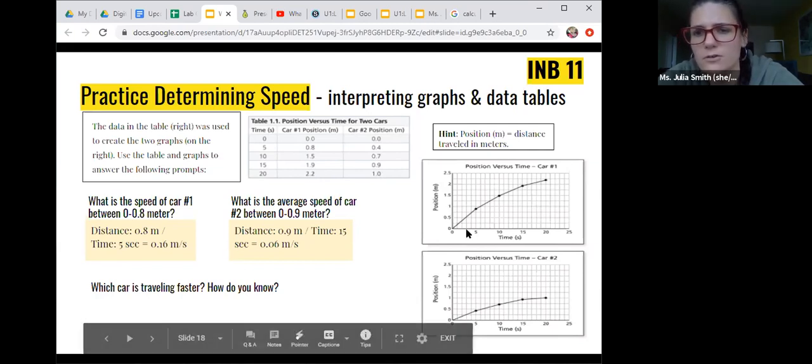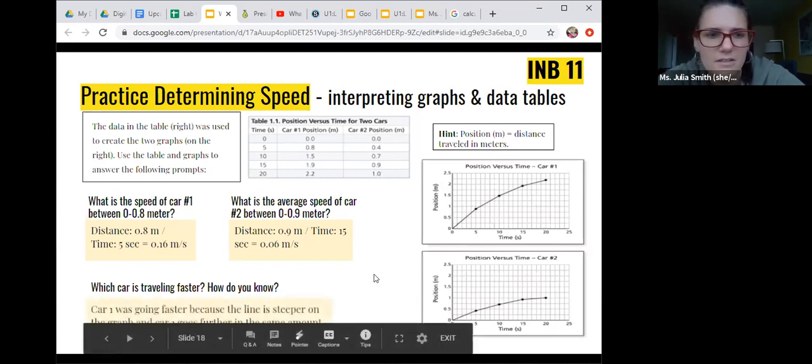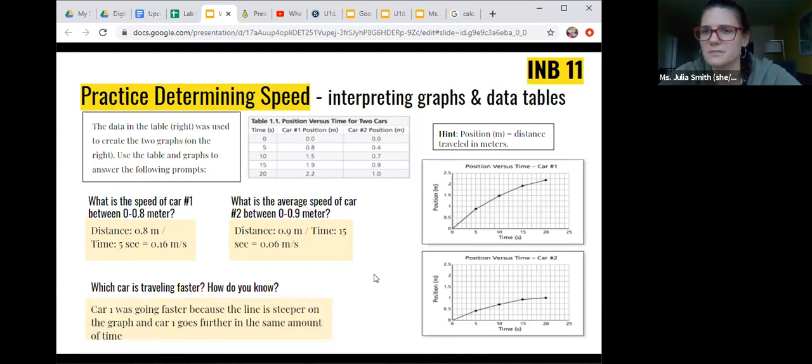So for all of those reasons, we can say that car 1 was going faster. It's going faster because the line is steeper on the graph. We know that means the car is going faster. We can say it's going faster because in the same amount of time, it went more than twice as far. And so car 1 is our faster car.